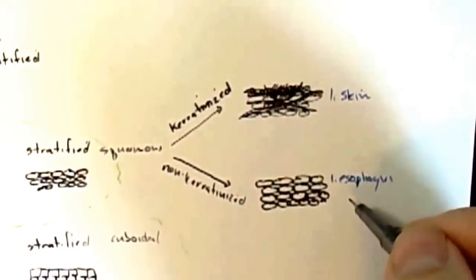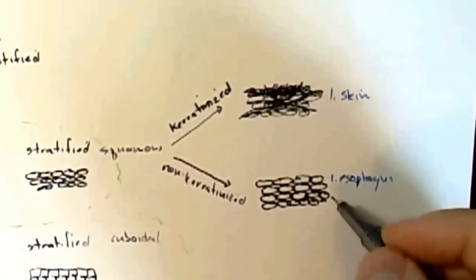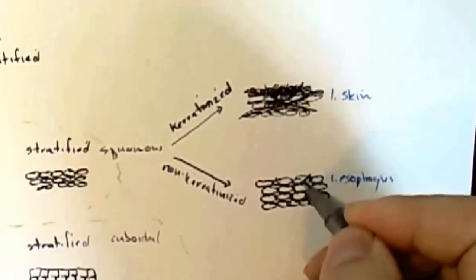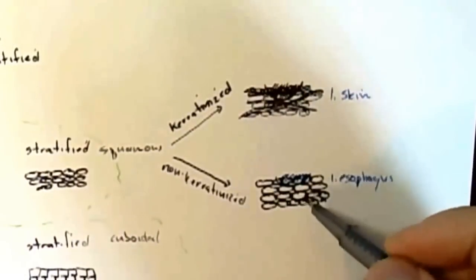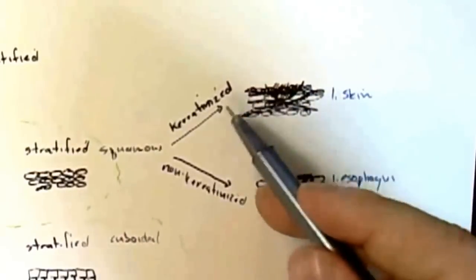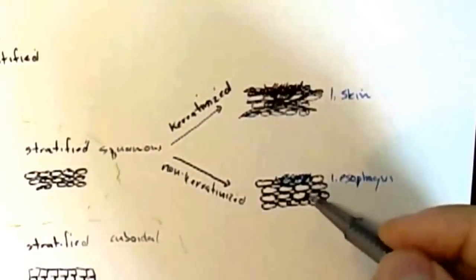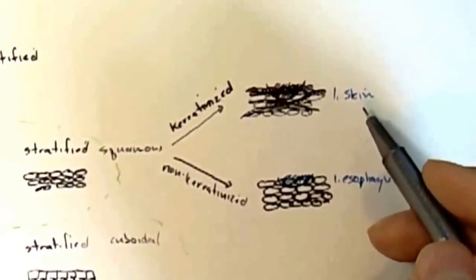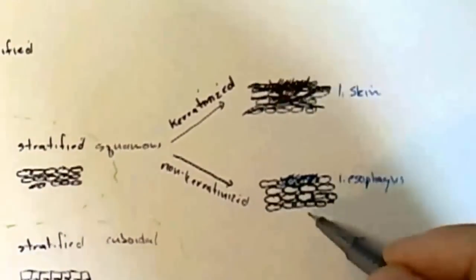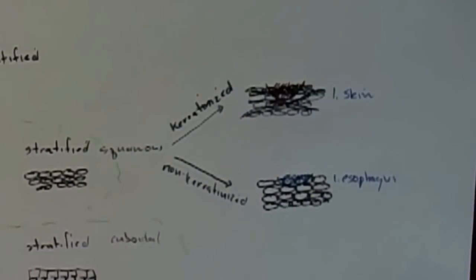So when you eat food, it slides down your esophagus and it can scrape off some cells. So you definitely still want this ability to scrape off cells and maintain a barrier, but it doesn't have to be quite as tough as keratinized. The other difference, since this is an internal structure and it stays moist, whereas the skin is external and it dries out, usually a non-keratinized stratified squamous will look thicker.